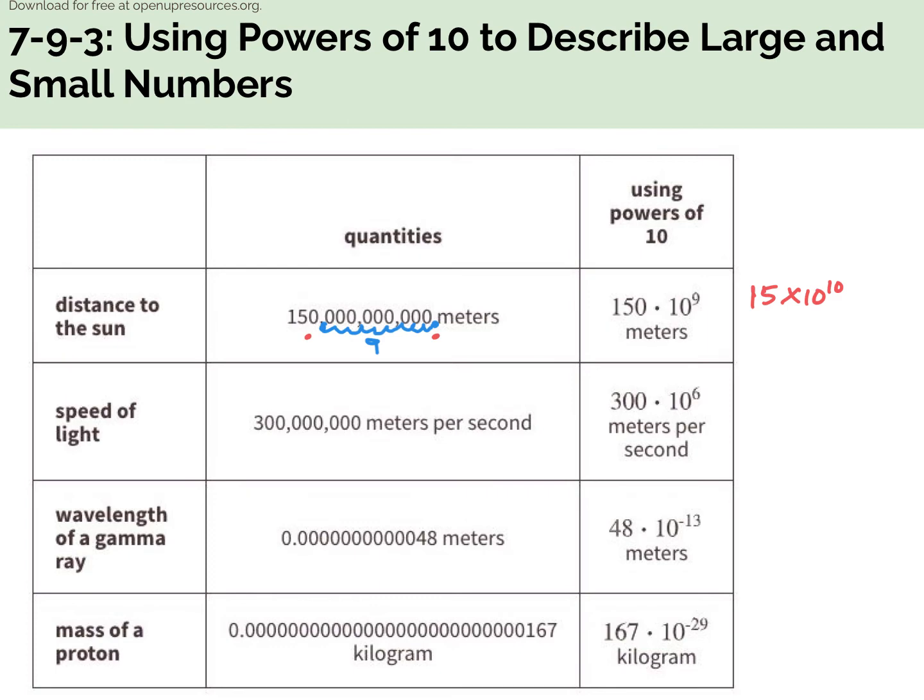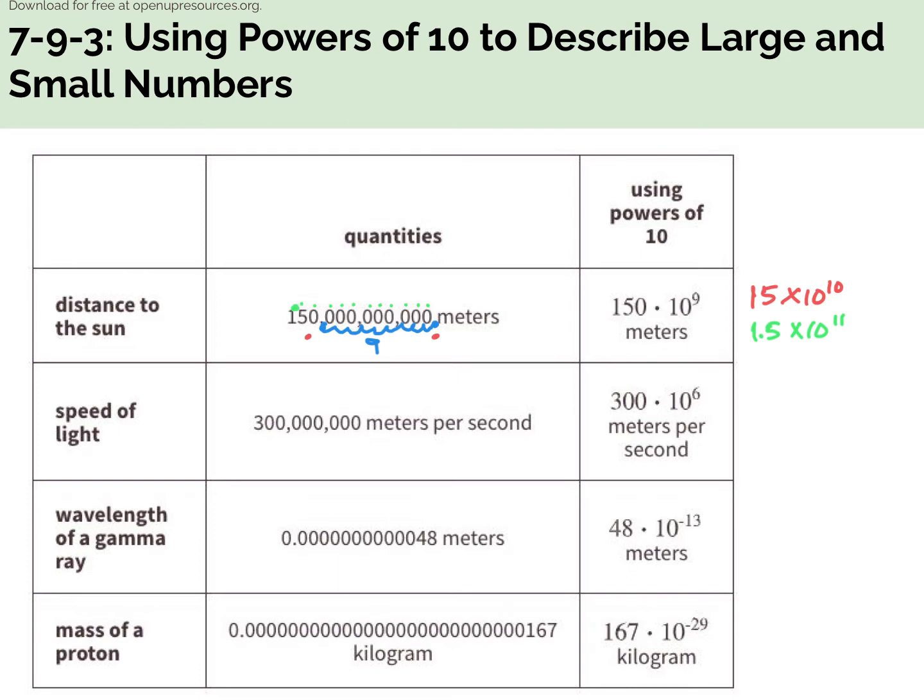How many zeros are there? Well, there's 10, right? Now, I can also write it one other way. I can write it as 1.5 times 10 to the 11th, right? So we have 1, 2, 3, 4, 5, 6, 7, 8, 9, 10, 11. And it would put the decimal point between the 1 and 5.